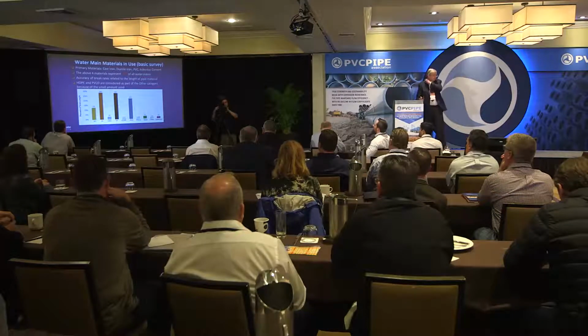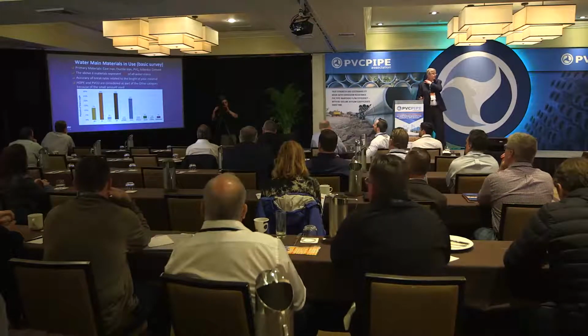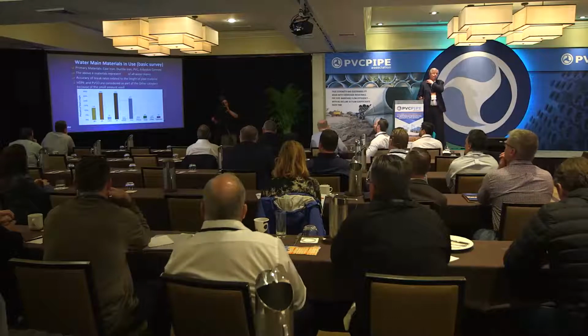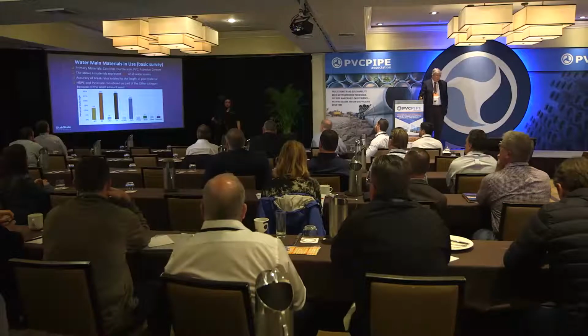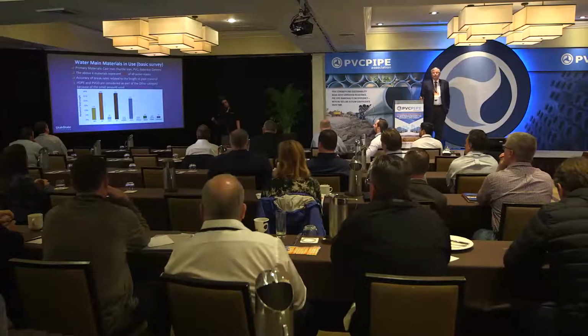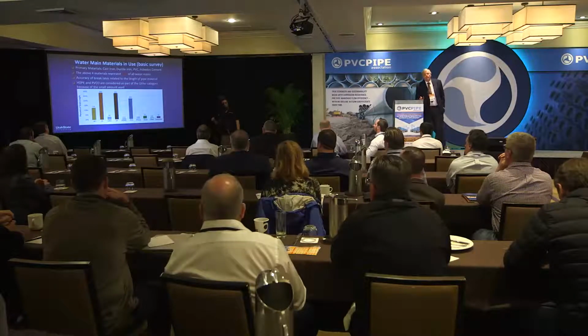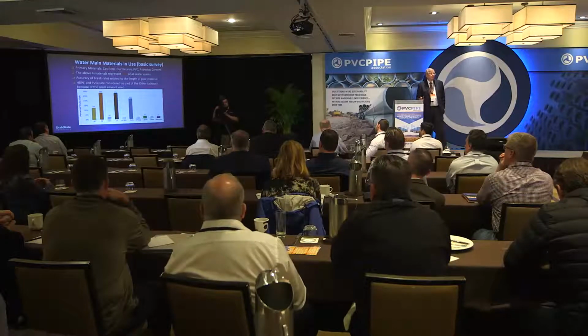All right, and here's the material utilization in the U.S. based on our basic survey, where you have cast iron and ductile iron at basically 28% of the total amount of pipe that's out there.